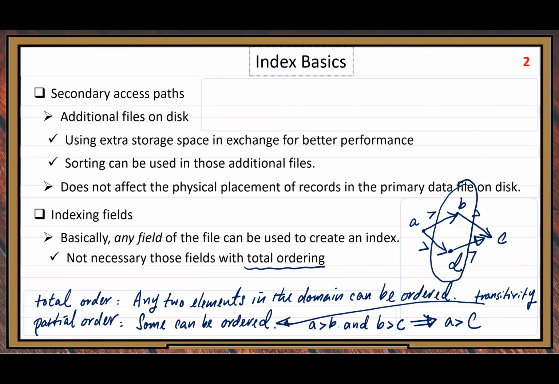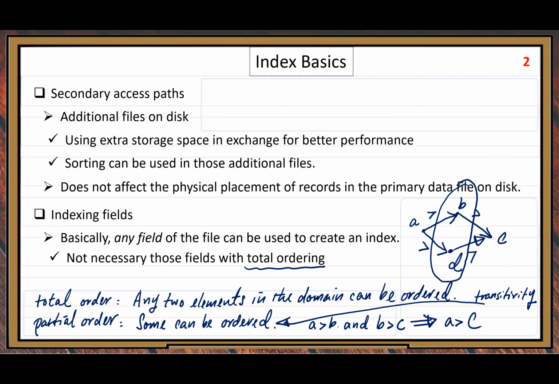No order, because there is no arrow from B to D, and no arrow from D to B. So this kind of relationship, we call a partial order, not total order, because B and D cannot be compared. When you do comparison, we don't know which one is larger, which one is smaller.